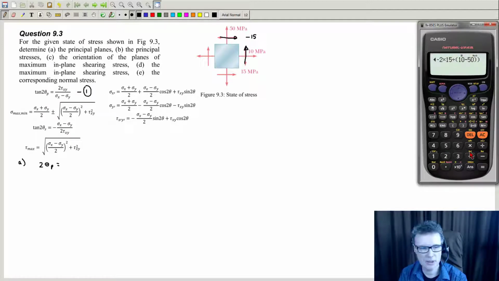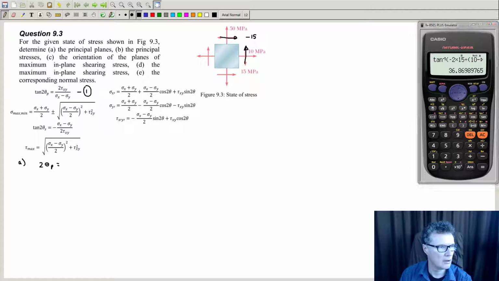Close bracket, close bracket. Gives me probably the wrong answer.